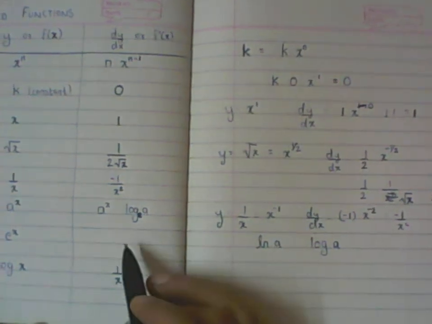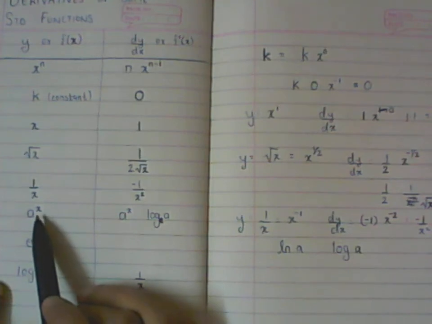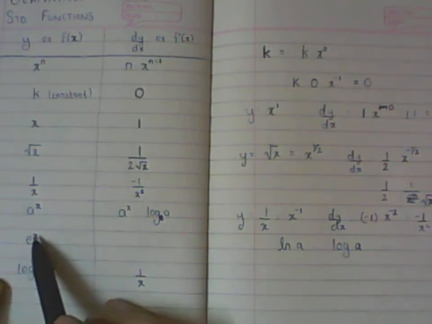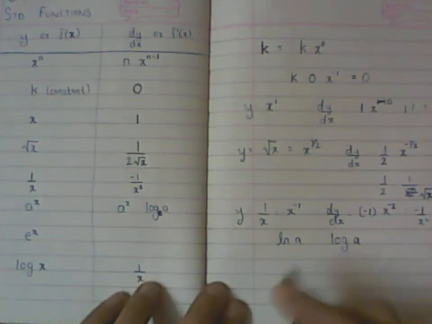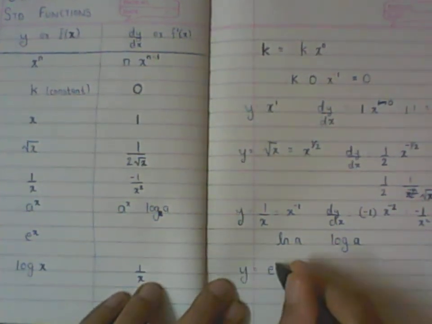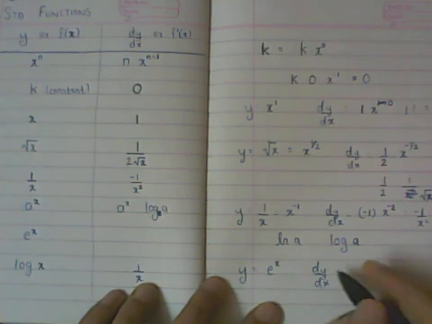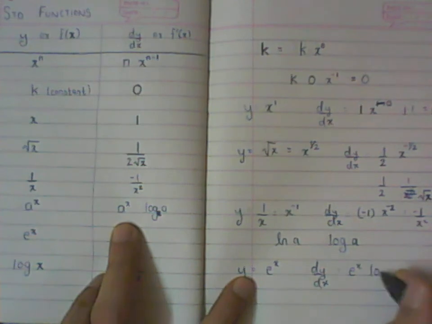So this is the derivative of the function a raised to x, and now using this technique, we can find the derivative of other functions such as e raised to x. So according to this technique, if my y is just e raised to x, its derivative will be that same expression e raised to x multiplied by log of e.